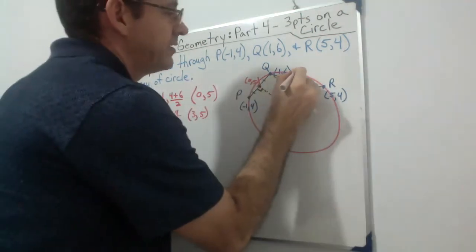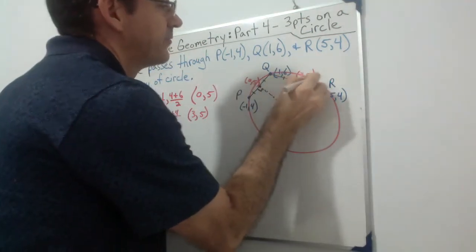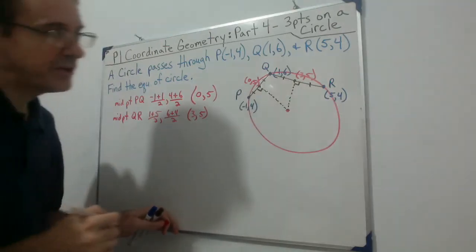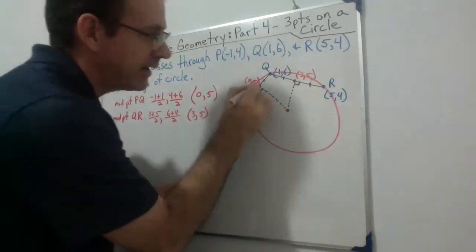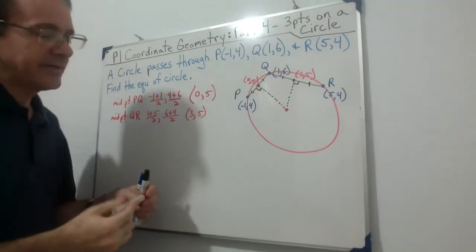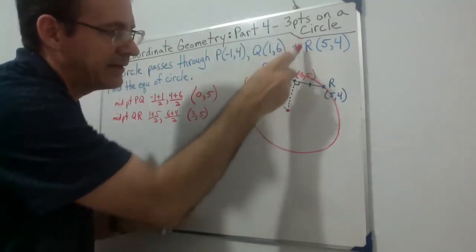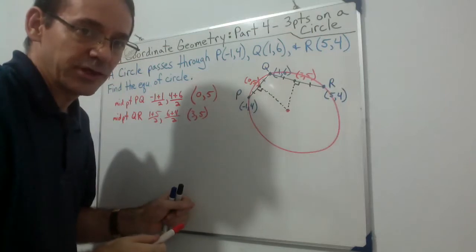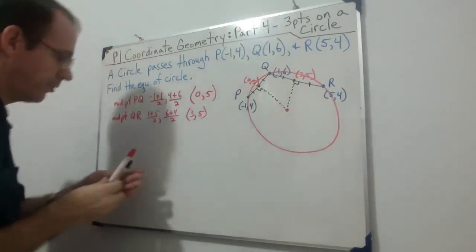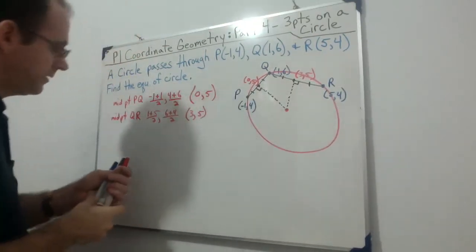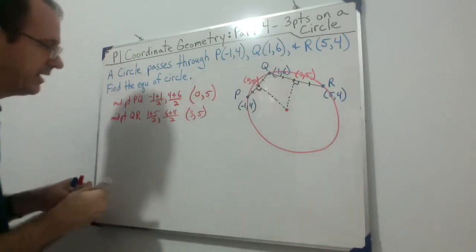So this one is at (3, 5). Okay, so that's our midpoint. And because it's perpendicular, we can find the slope of the line going through to the center. First though, we need the slope of PQ.